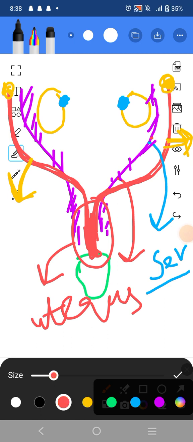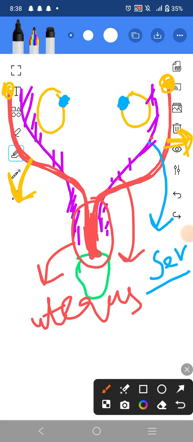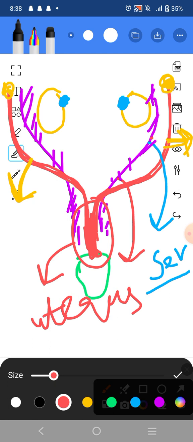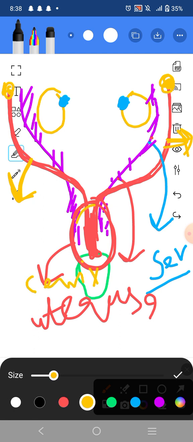Okay, one more thing here, that not only uterus is formed from this portion of the paired paramesonephric ducts, right? It also forms the cervix, and upper one third of the vagina is also formed by this particular portion.